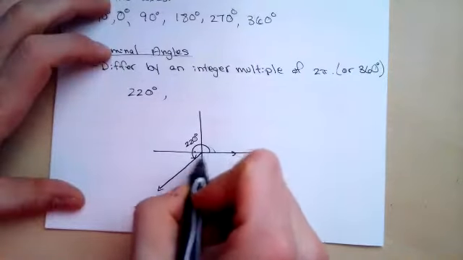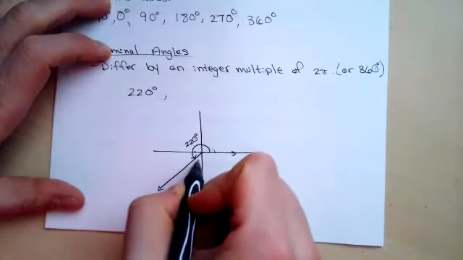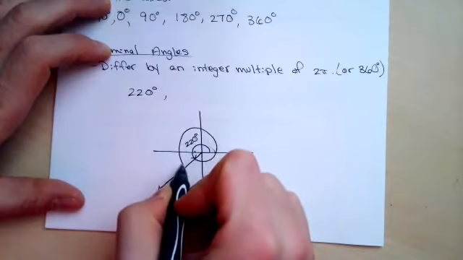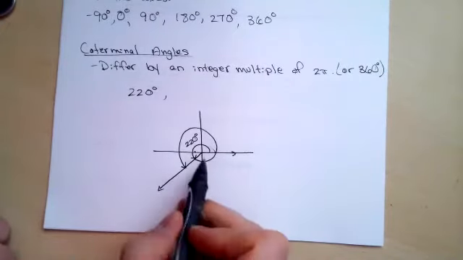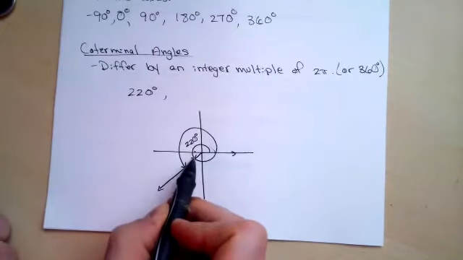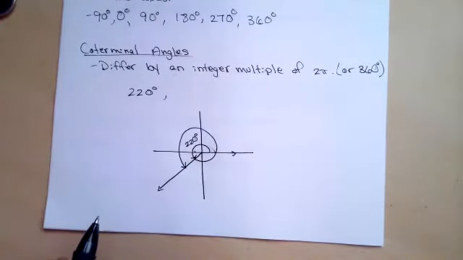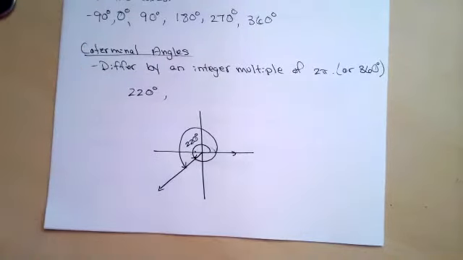So if we were to wrap around the circle to this 220, but then continue on and go around again, we would just add 360 degrees. And we count that as a different angle. They're technically different, even though they land in the same place in the quadrant plane. So they are coterminal. The terminal side of both of these ends up in the same position.